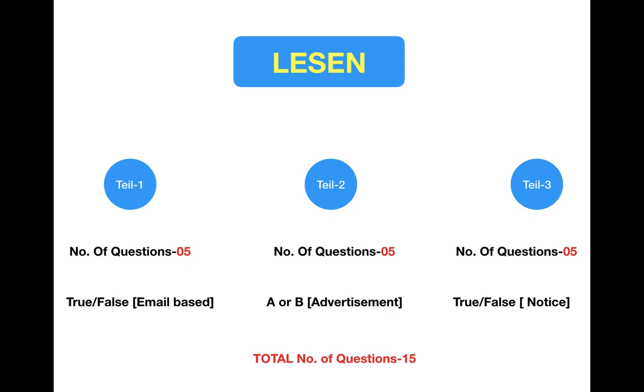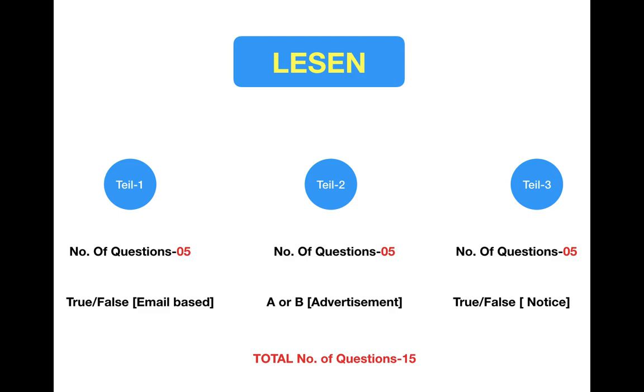For all those who do not know how to write an email in German, this is also going to be very good practice. So when you practice for the reading section, you can also get awareness about email writing, because you need to read an email and on the basis of that 5 questions are given. So you need to just put the cross, which is true and which is false.